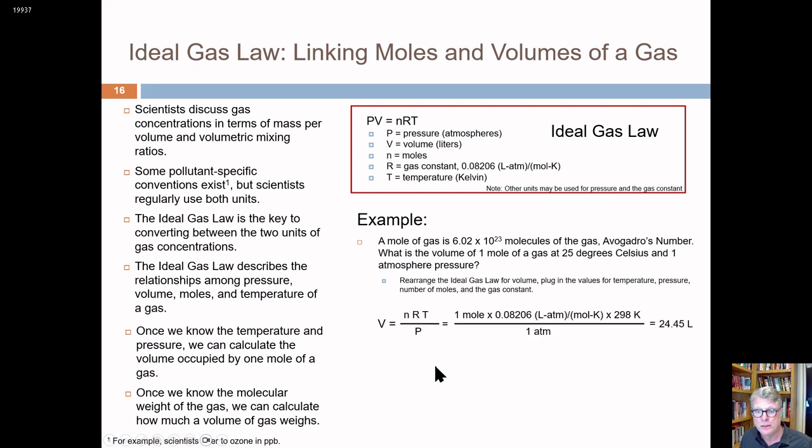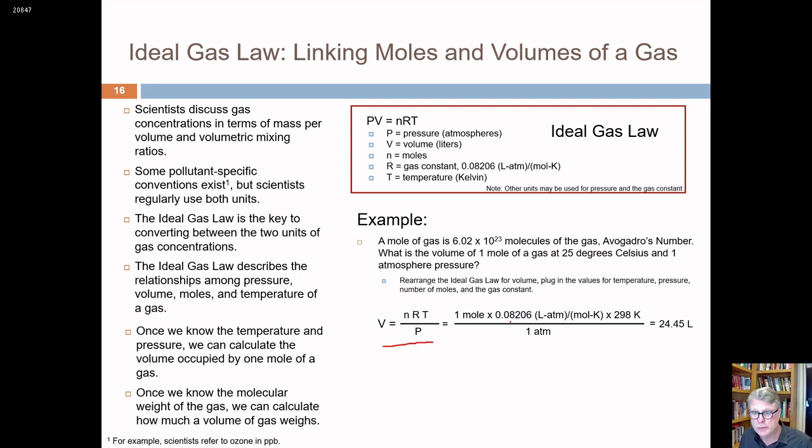Okay, so here we go. I've rearranged the ideal gas law here. I've solved for volume, right? Just divided through by pressure and put it on the right-hand side. Now let's plug in what we know. Let's say 1 mole of a gas we're asked about.